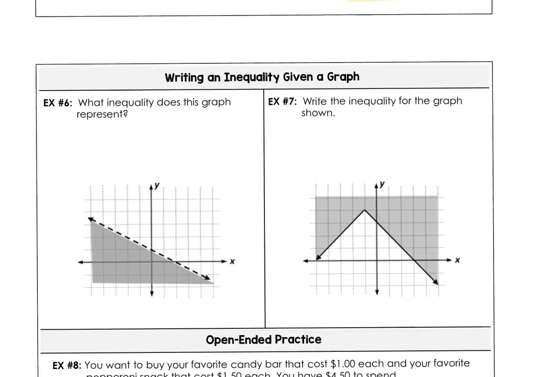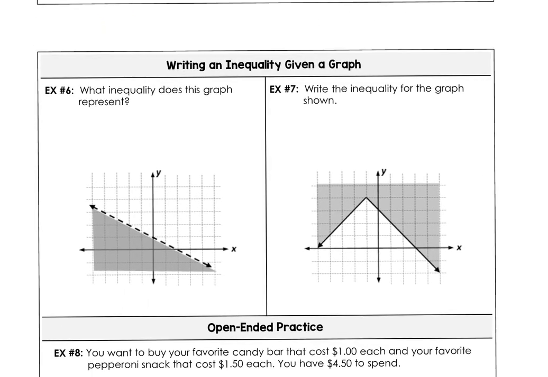For example 6, we're working backwards. You have the graph of the inequality, and you're writing the equation. Looking at the graph, you can tell that your b value is 1, and your slope looks to be negative 1/2.